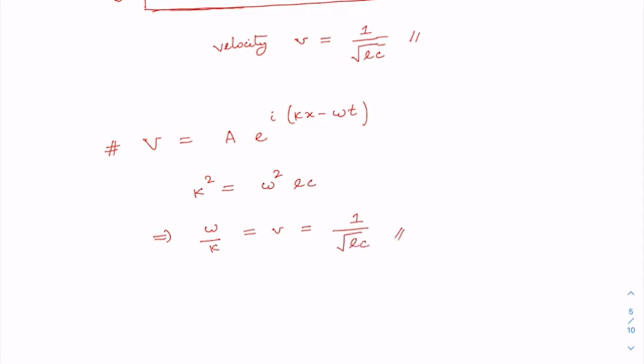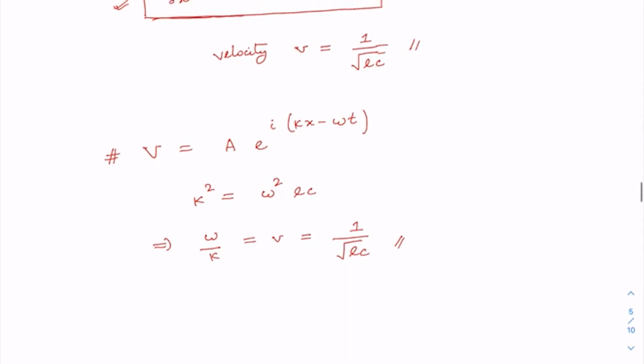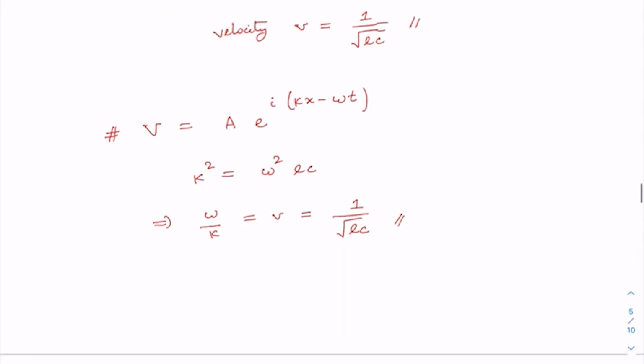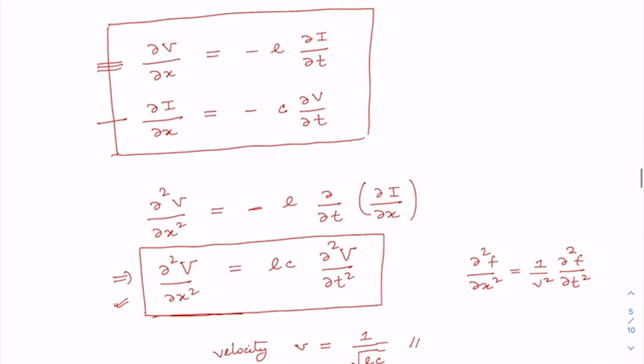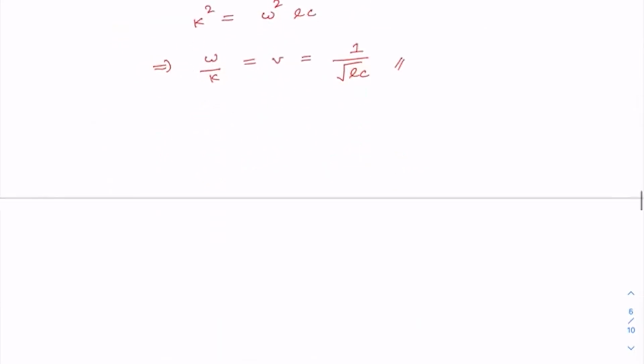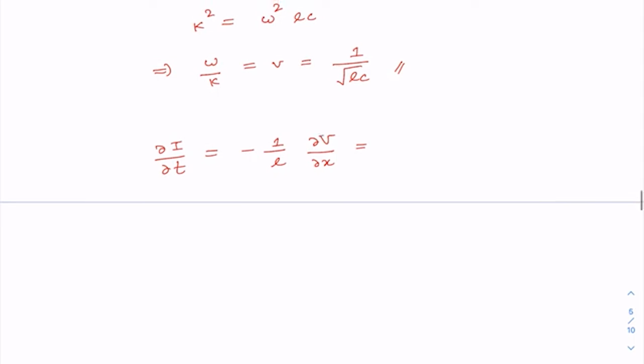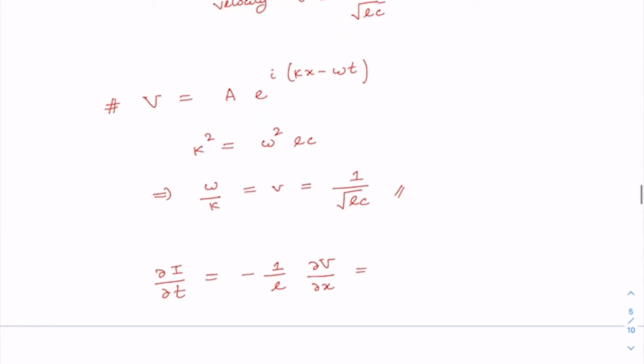Now we are asked to find out the characteristic impedance as well. To do that, let me go to this current equation here. From this relation, I can write ∂I/∂t is equal to minus 1 by L ∂V/∂x. Now I know the solution for the potential V is equal to A e to the power i(kx minus omega t).